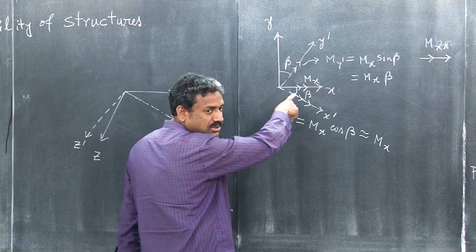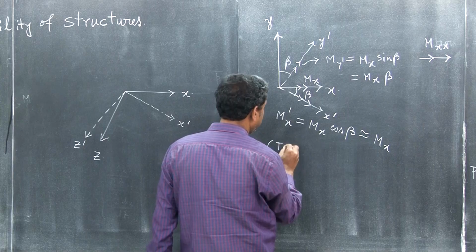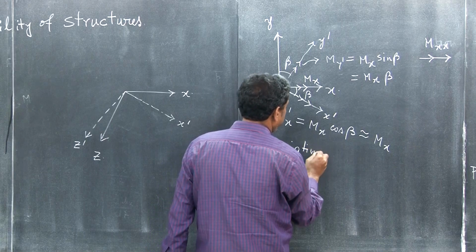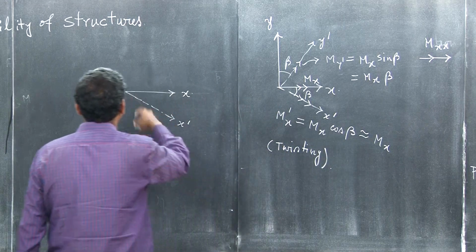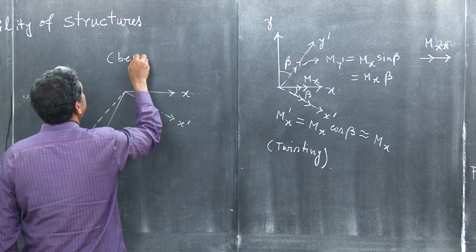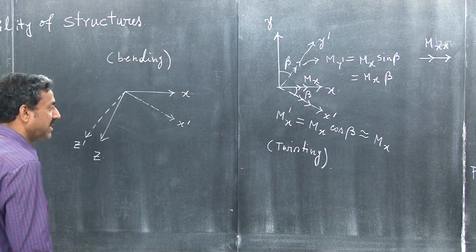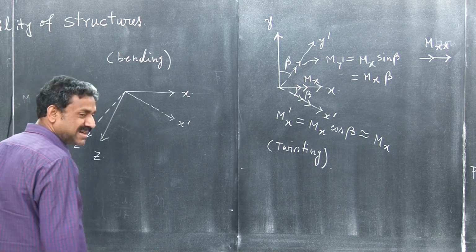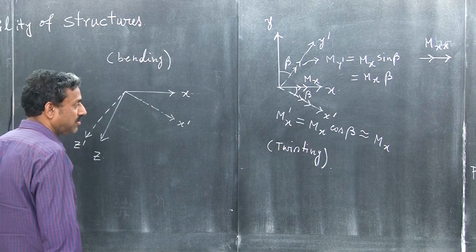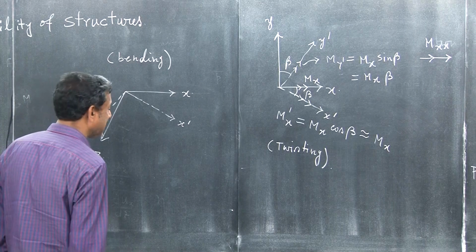This is beta, because twisting is happening in this vertical plane, right? But here what is happening is bending, in the horizontal plane, bending in the xz plane. So bending with respect to what? Sorry, not with respect to the z axis, with respect to the y axis, right?